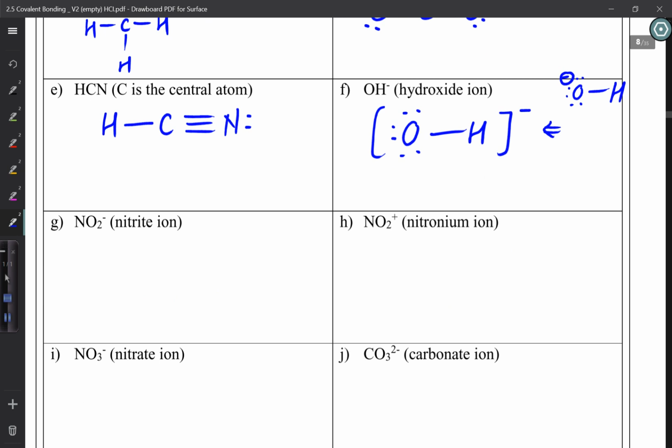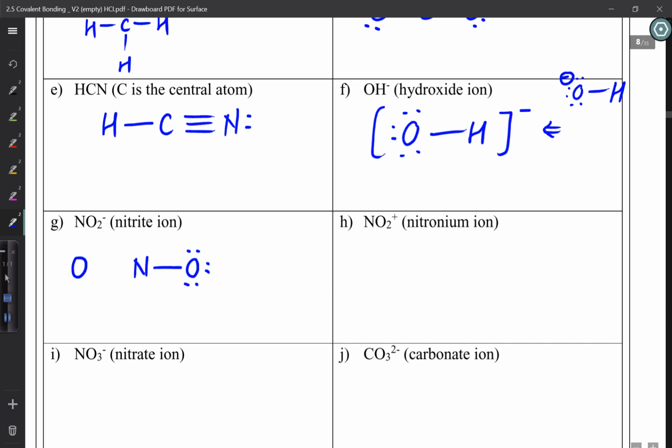Next one, nitrite ion, NO2 minus. Same thing, I place nitrogen at the center, the 2 oxygens at the ends. So how do you connect these together? Take note that it is once again an oxo anion, right? So for an oxo anion, you know that one of the oxygens must have that additional electron, and it must be bonded this way to nitrogen. Then how does this nitrogen interact with this oxygen?